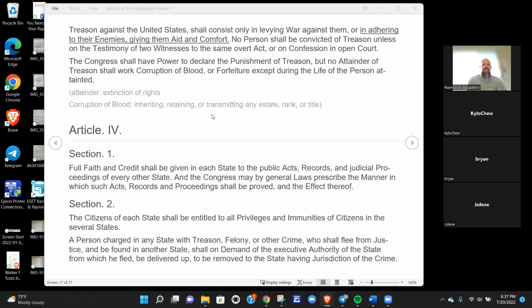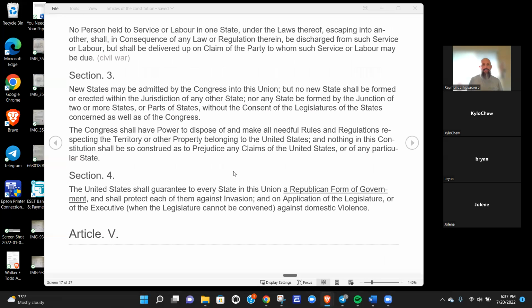A person charged in any state with treason, felony, or other crime, who shall flee from justice and be found in another state, shall, on demand of the executive authority of the state from which he fled, be delivered up and removed to the state having jurisdiction of the crime.